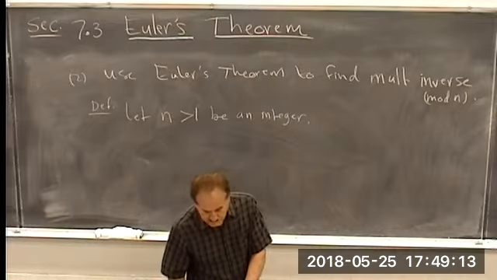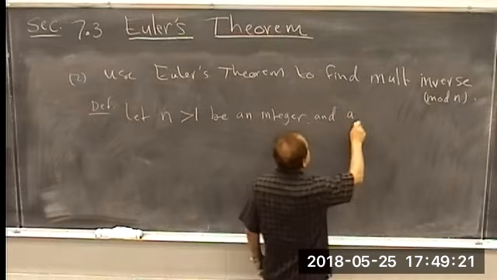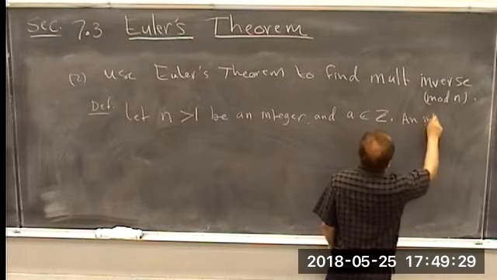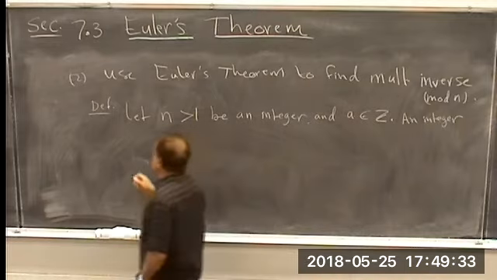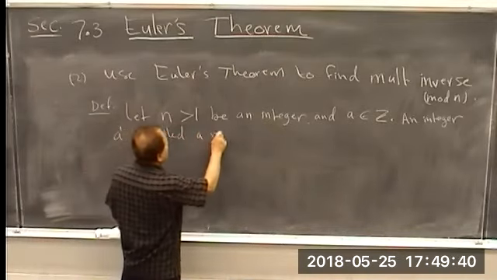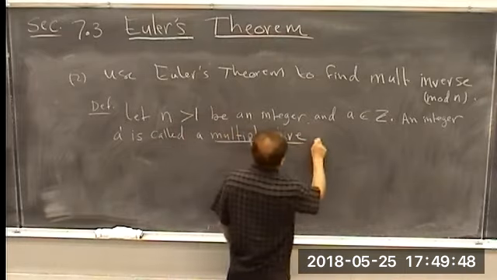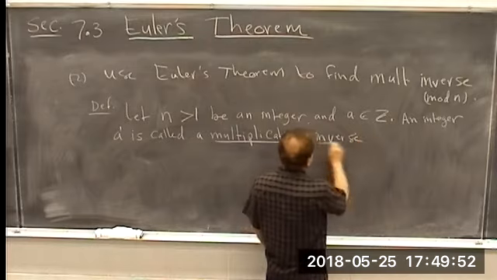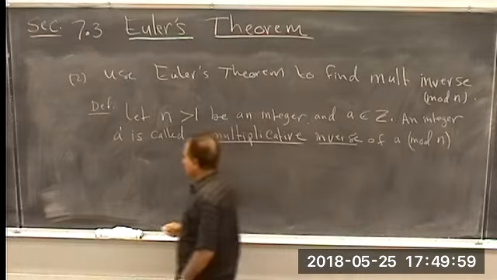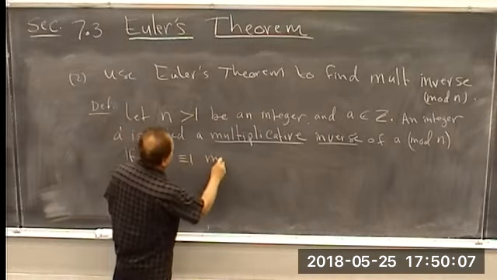And we're going to let a in Z be an integer. a prime is called a multiplicative inverse of a mod n if the product of a prime times a is congruent to 1 mod n.